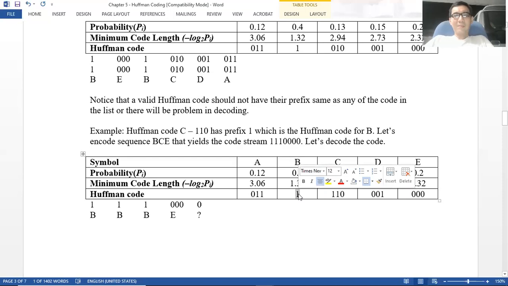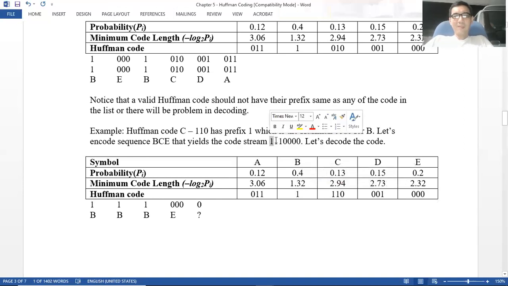Let's see what problem this kind of invalid code set creates. Let's encode BCE using this table. B is 1, C is 110, followed by E, 000.